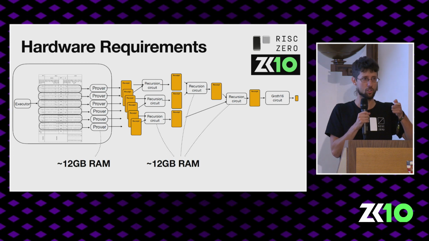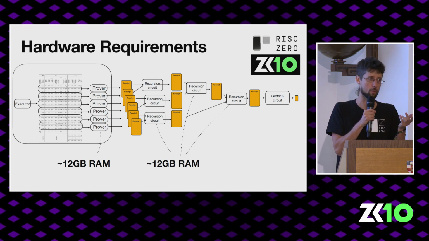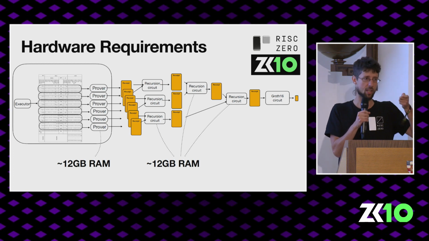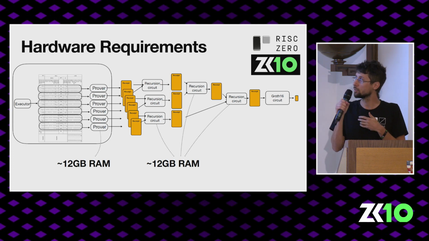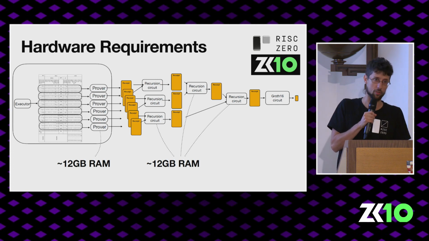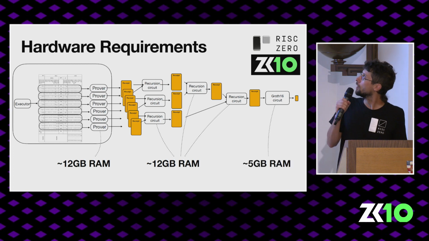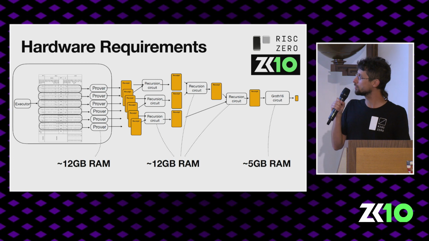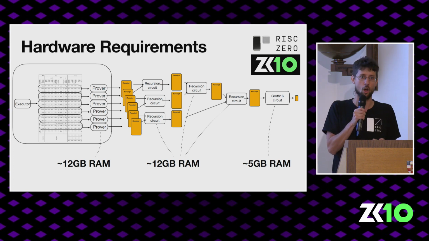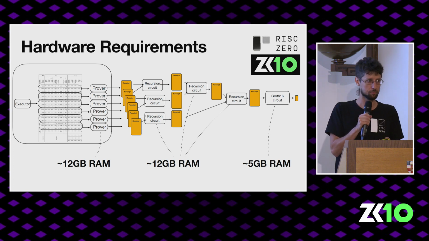If we set the segment size to something smaller, then the hardware requirements drop accordingly. So this is a configurable setting. If you want to run this on a lower power machine, we can dial that back a little bit. The Groth16 circuit we have substantially less control over tuning, but fortunately it can also run on a consumer laptop.